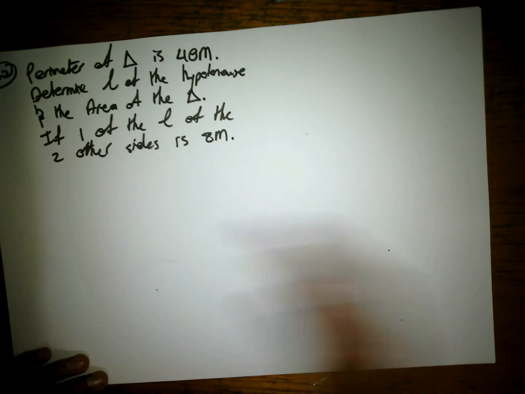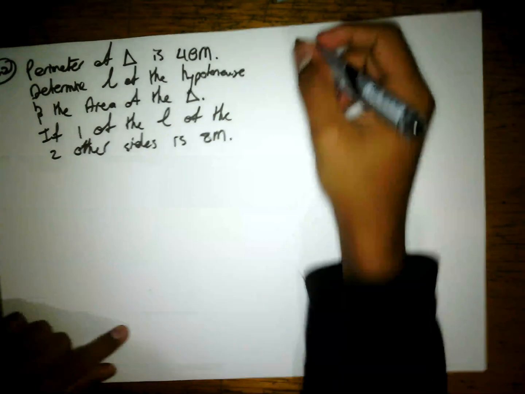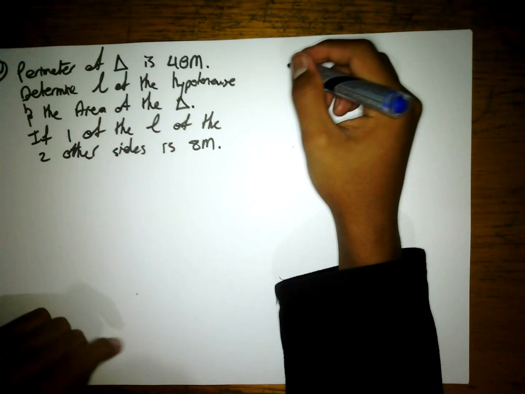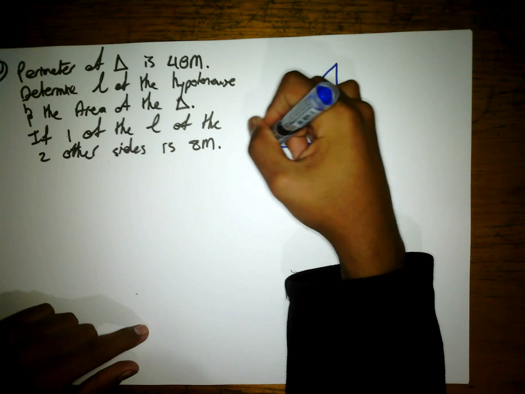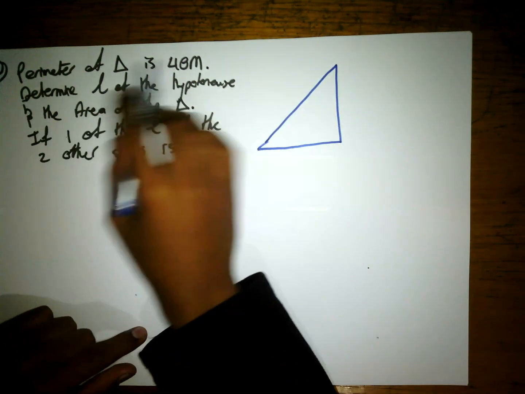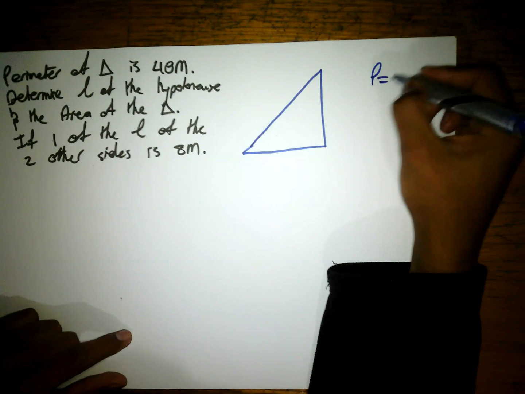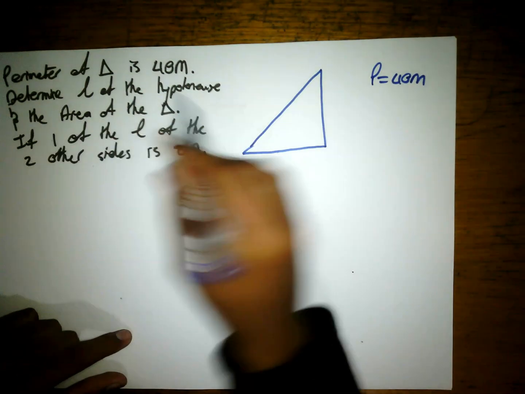So we have a triangle. Let's draw a triangle. The perimeter is 40 meters. Determine the length of the hypotenuse.